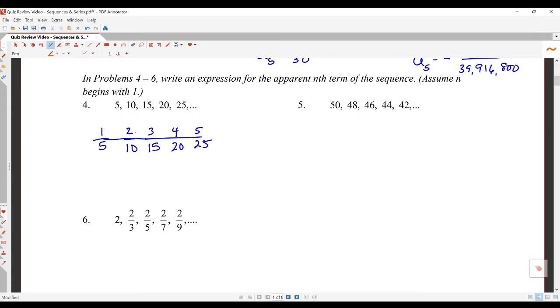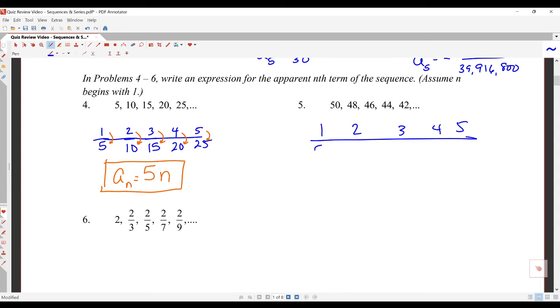But what you should see in each of these cases, if I take that top number and multiply it by 5, I get the bottom number. So our formula a_n takes the n and just multiplies it by 5. So I'd suggest in those questions to write out 1, 2, 3, 4, and 5.